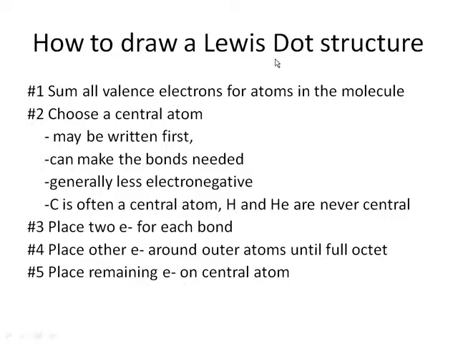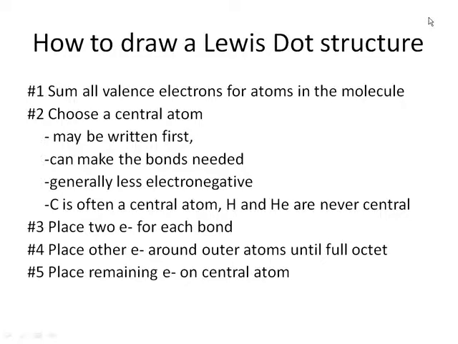So, how to draw a Lewis dot structure comes down to about 5 steps. Before you panic with this long list, we are actually going to go through this process multiple times, so let's just get a basic idea and then we'll apply it. The first thing you do is sum all the valence electrons for atoms in the molecule. If you'll recall from chapter 3, the valence electrons are your outermost electrons.